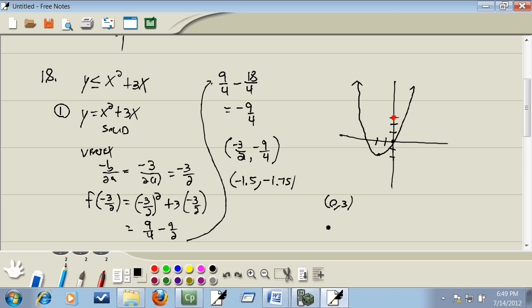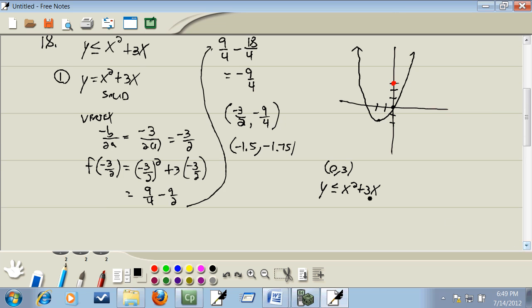So y is less than or equal to x squared plus 3x, and this is our x and this is our y. So put 3 in for y. This is more of a question mark at this point. 0 squared plus 3 times 0. Zeros are always good to choose. 0 squared is 0, plus 3 times 0 is 0, so all that's 0, and 3 less than or equal to 0 is false.